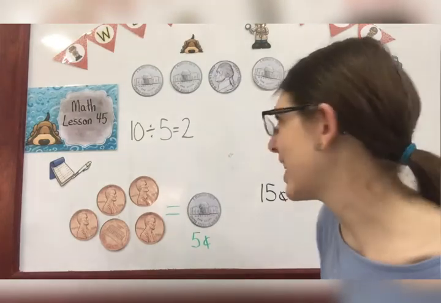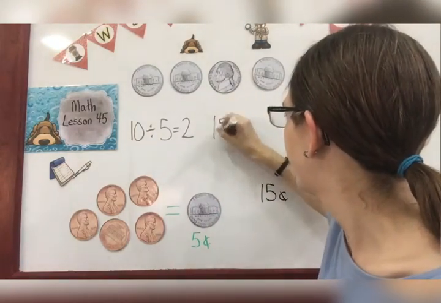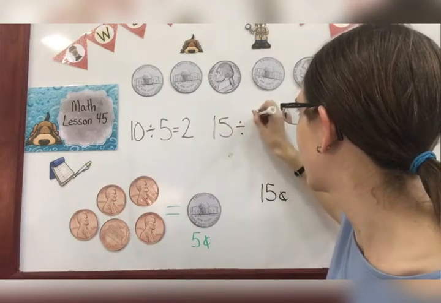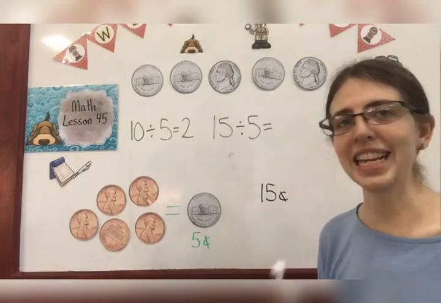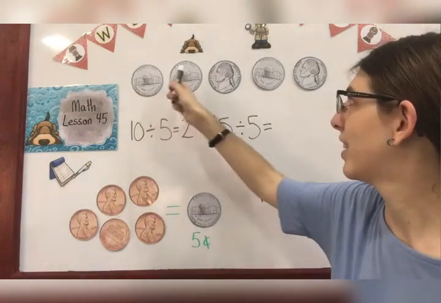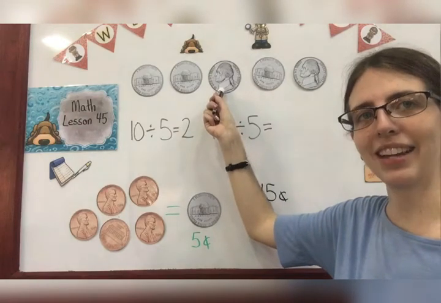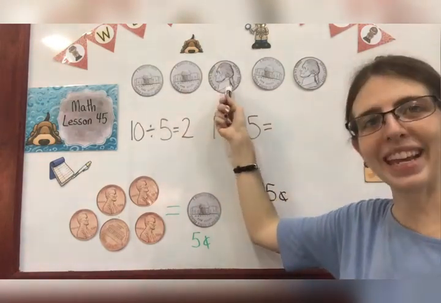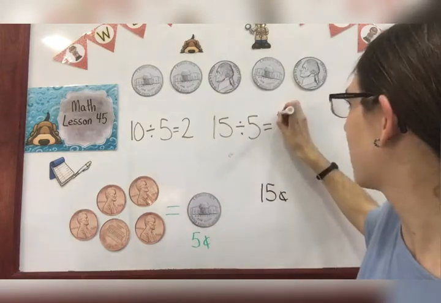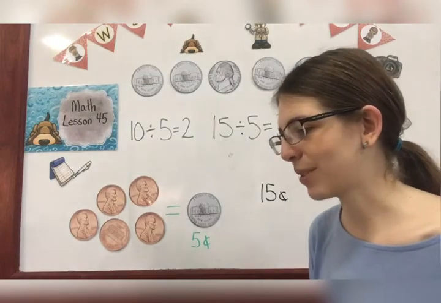There are 2 groups of 5 in 10. Let's try letter B. Letter B is 15 divided by 5. So we'll count to 15. 5, 10, 15. How many groups was that? 1, 2, 3. So 15 divided by 5 is 3. Let's do the next one.